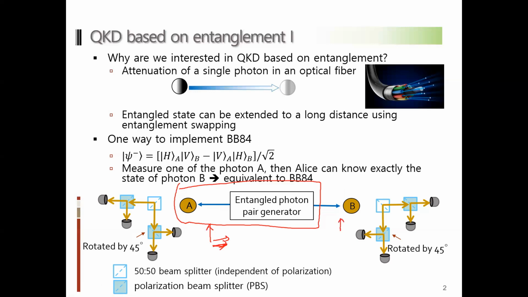And if I measure the vertical polarization for Alice, then the qubit on the B side will be horizontally polarized.